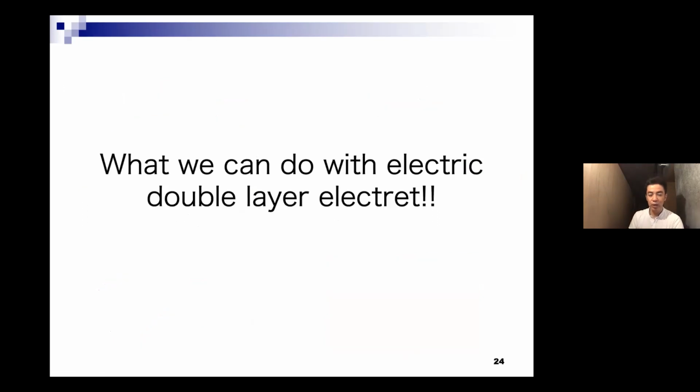So this is one application of the electric double layer electrode. And also, we can use this electric double layer electrode for physics. So I'm going to show one example using this electric double layer electrode.